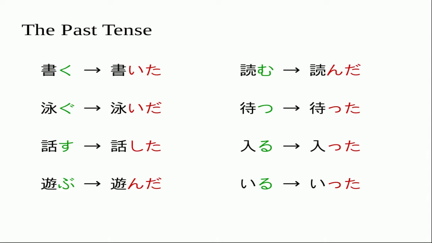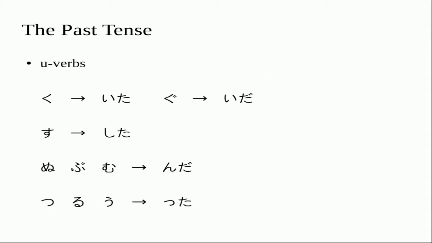Now, as I said, you never want to blindly memorize things. So instead of blindly memorizing these 4 groups, all you really have to do is memorize that these groups exist, and that ku and gu conjugate in the same way, that su conjugates as su, that nu, bu, and mu conjugate in the same way, and that tsu, ru and u conjugate in the same way.